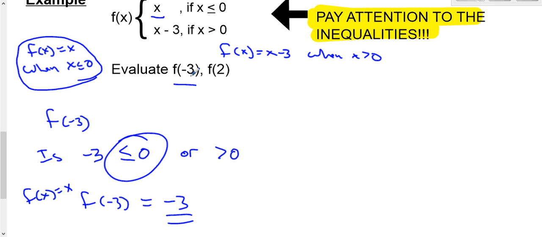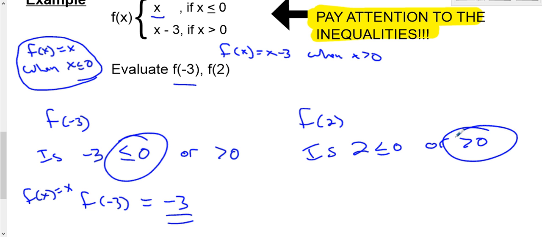When we are talking about f of 2, again, ask yourself, is 2 less than or equal to 0 or greater than 0? Well, 2 is greater than 0, which means we are going to take f of x equals x minus 3, because that is the function that we are supposed to use when x is greater than 0.